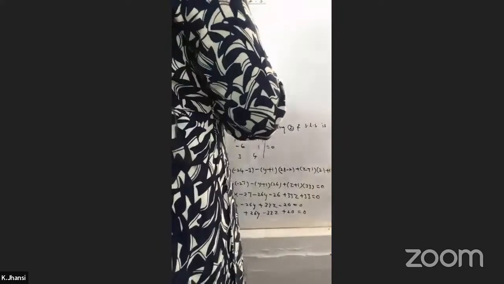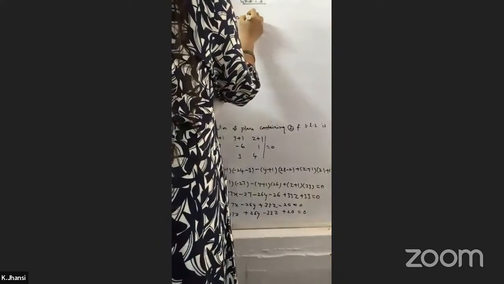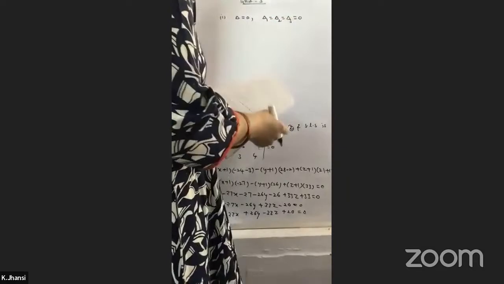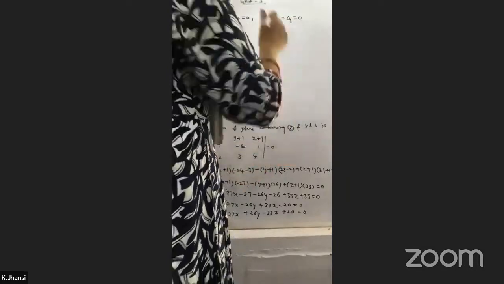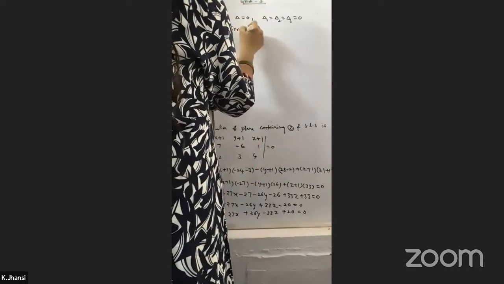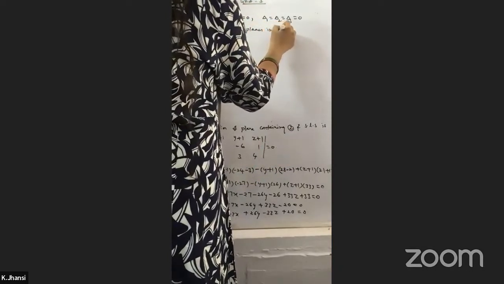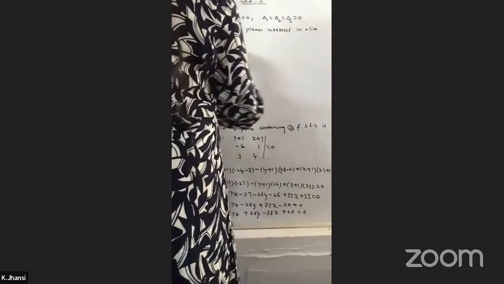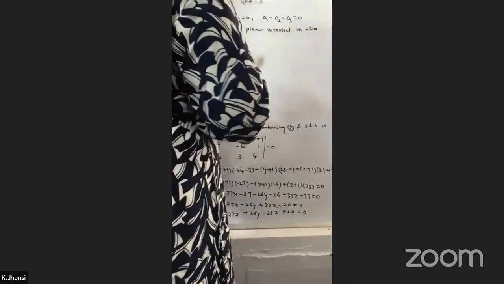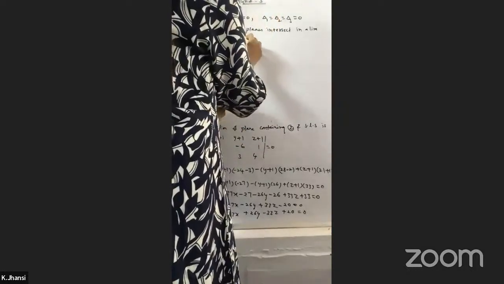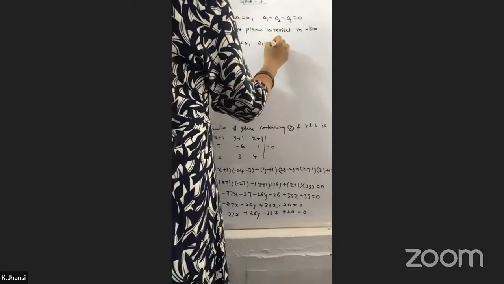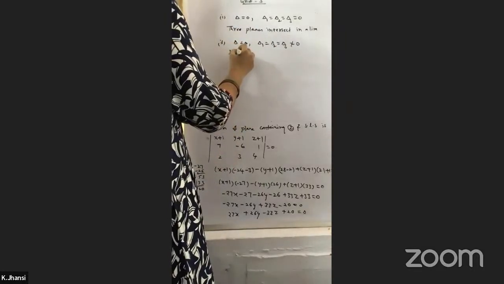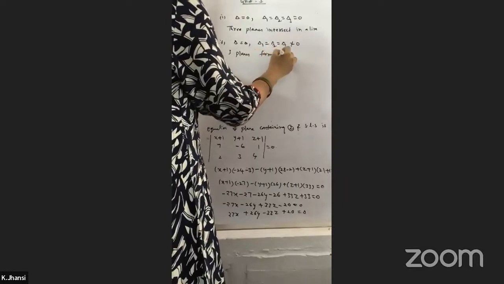First one: delta equals 0 and delta 1, delta 2 and delta 3 are also 0, then the 3 planes intersect in a line. Second one, for the prism: delta is equal to 0, and delta 1, delta 2 and delta 3 are not equal to 0, then the 3 planes form a prism.